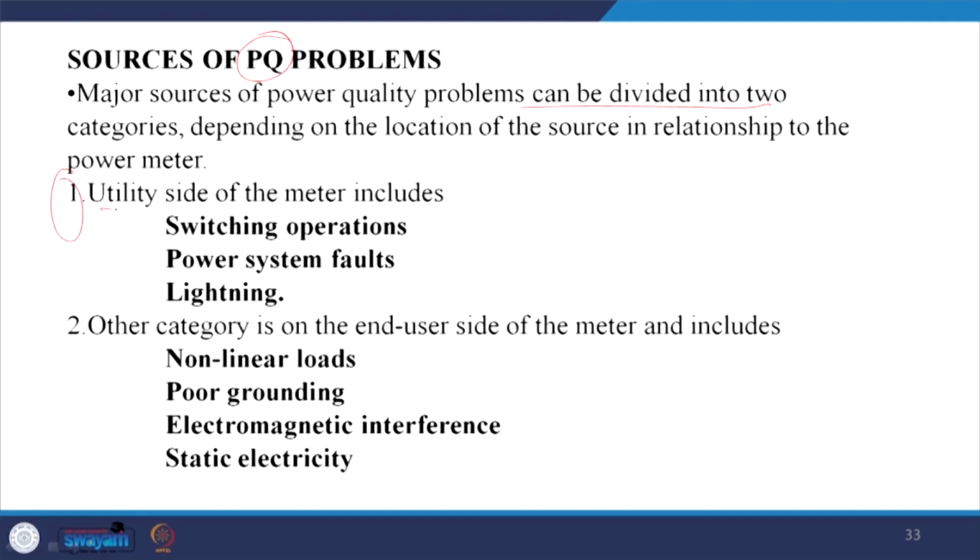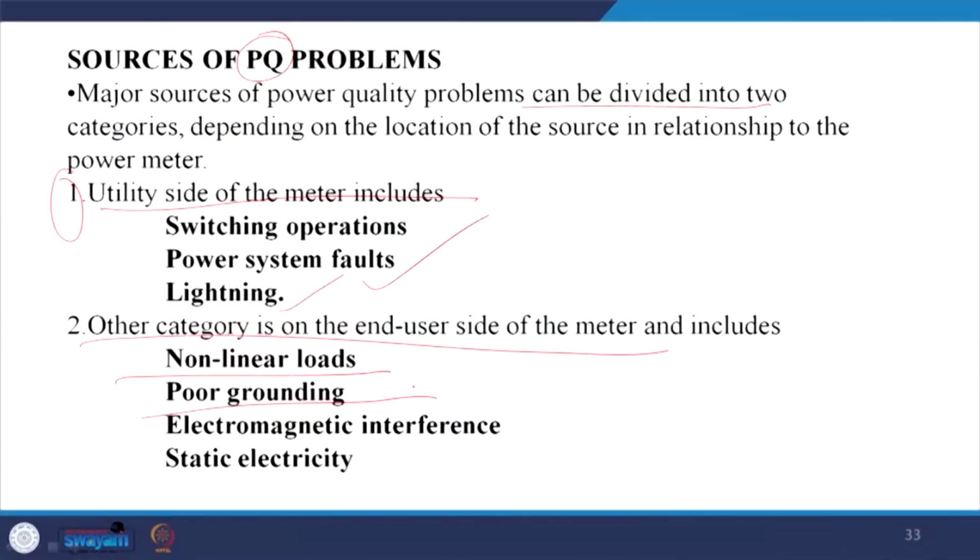One is the utility side of the meter, which includes switching operations, such as changing over the isolators, power system faults, and lightning. The other category is mainly on the user end.